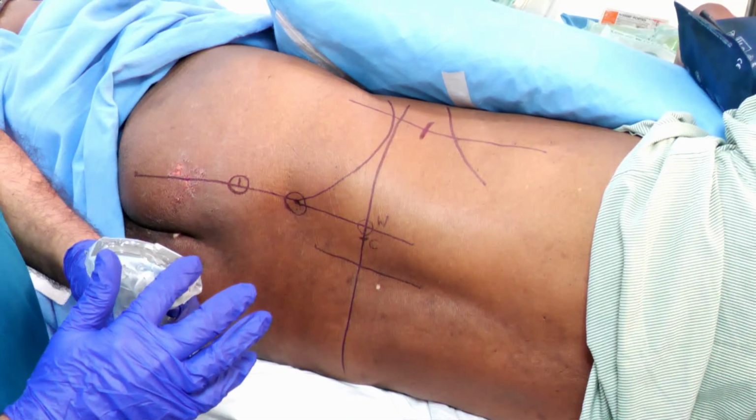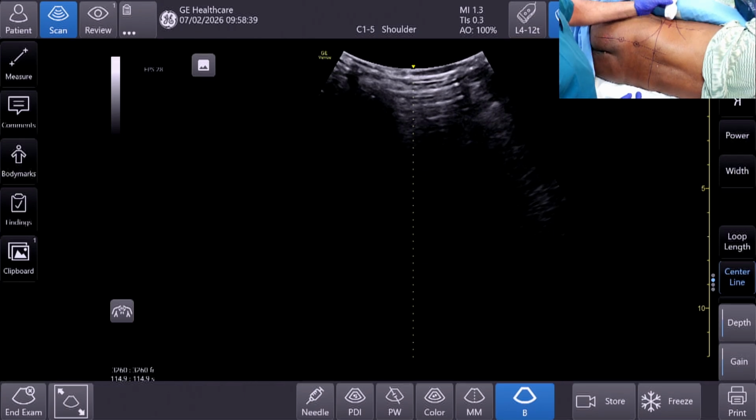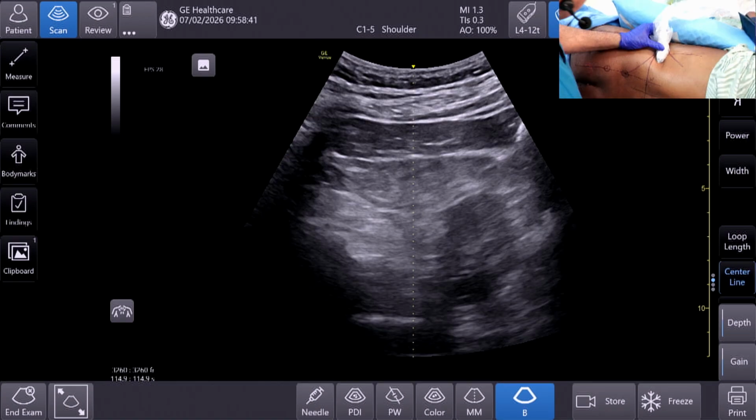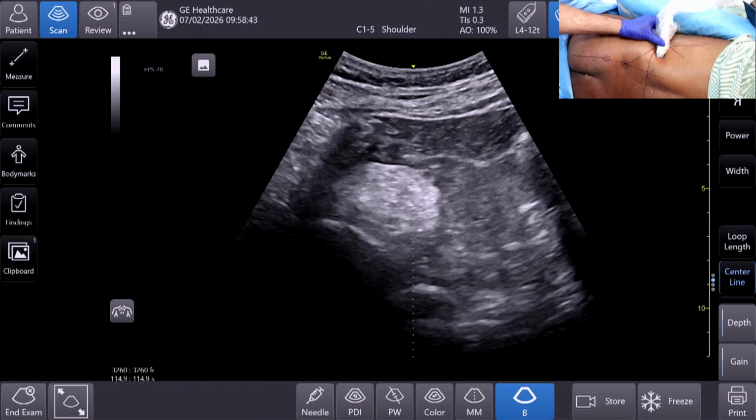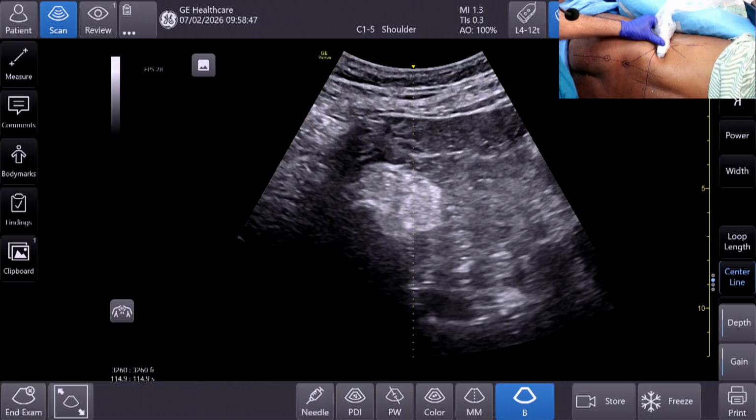Are you getting the ultrasound image? Yes, sir, we're getting it. So I'm now placing the probe in the mid-axillary line along the line from the subcostal margin to the iliac crest.